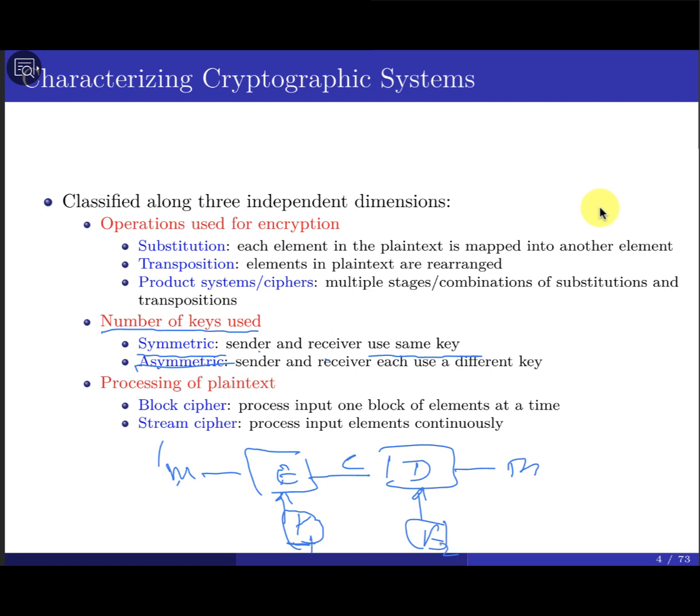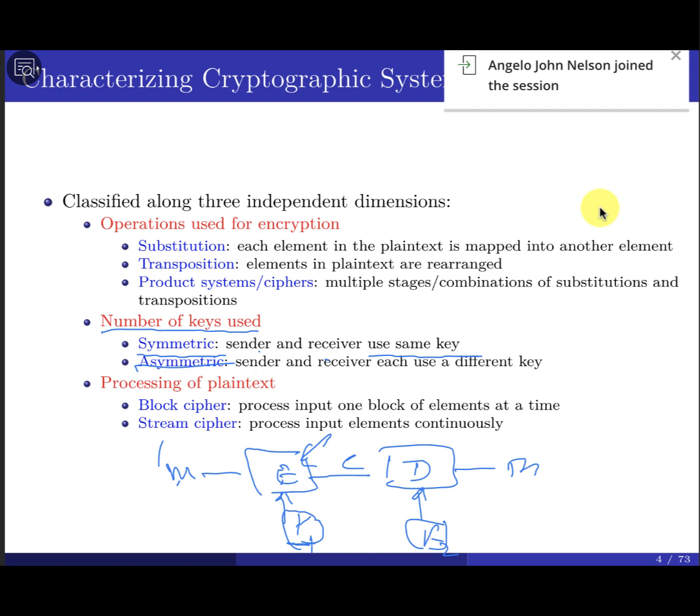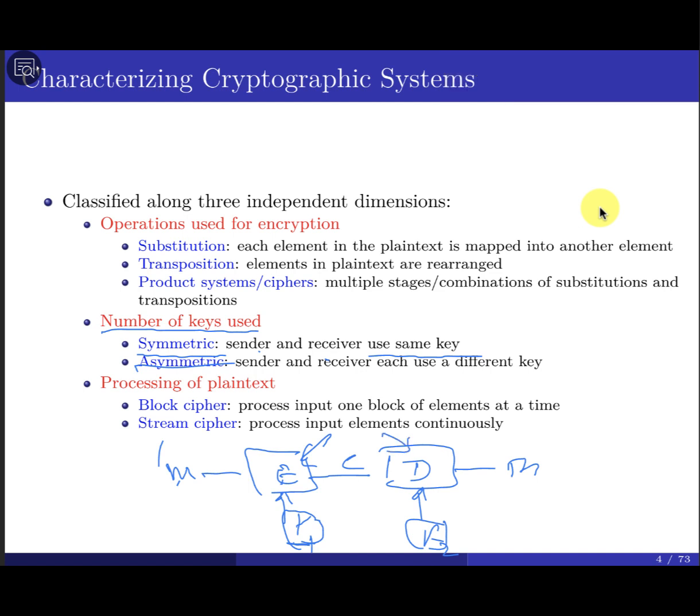Whatever key I use in the first stage, the encryption stage, is definitely going to be different than the key you use in the decryption stage. So we see that you have 2 different keys. Clear? The third way to classify cryptographic systems, by the way, they are independent, is by the way you process the plain text.